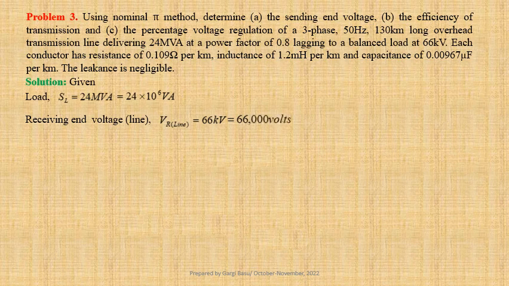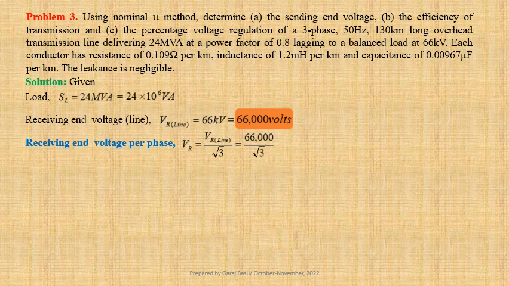For star connected system receiving end voltage per phase, VR equals VR line divided by root 3, that is equal to 66,000 divided by root 3, that gives us 38,105 volts. Given load power factor cos phi L equals 0.8 lagging.